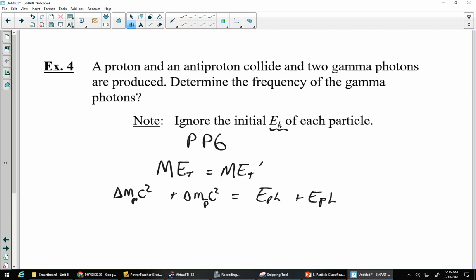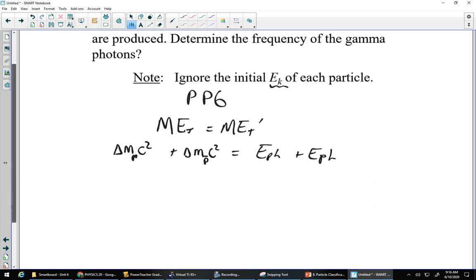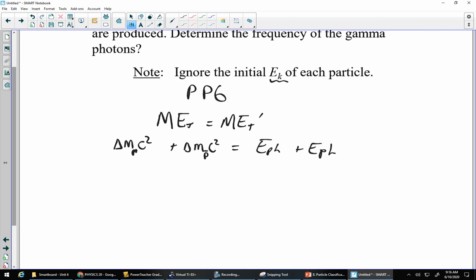But hold on, let's think about this for a split second. The mass of a proton and the mass of an antiproton. We just talked about how the properties are exactly the same except their charges are opposite. So if the masses are exactly the same, and 100% of their mass comes from the mass of a proton, which is equal to the mass of an antiproton, couldn't we just write 2 delta mc squared?